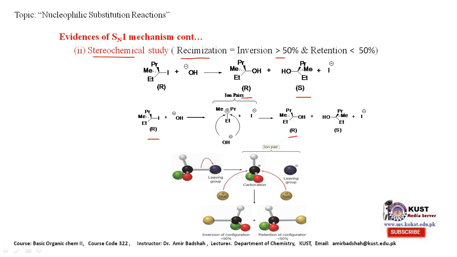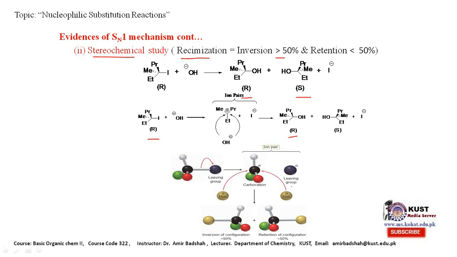If it attacks from the back side, then the configuration of the product will be changed. But the retention product, the product where the configuration has been retained, is a little bit less than 50%.